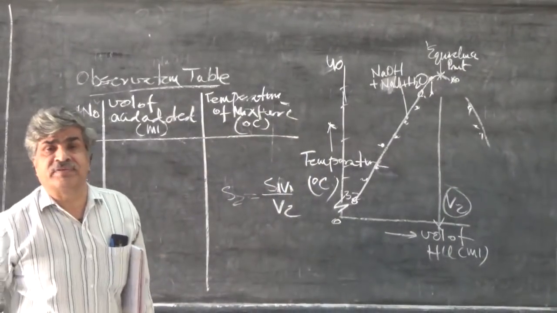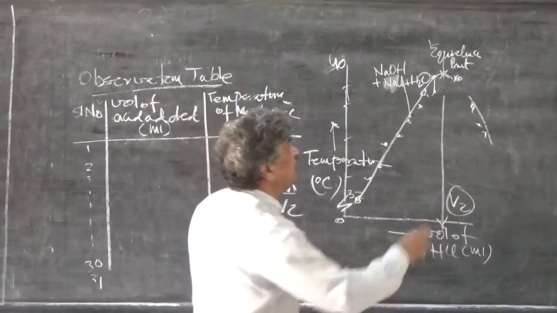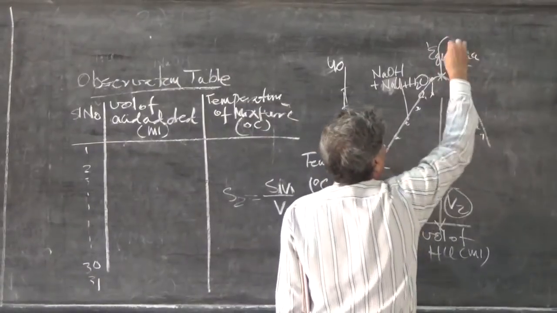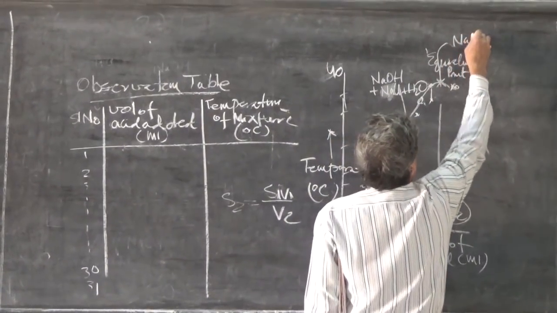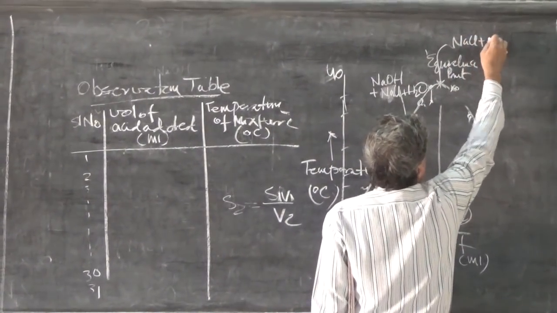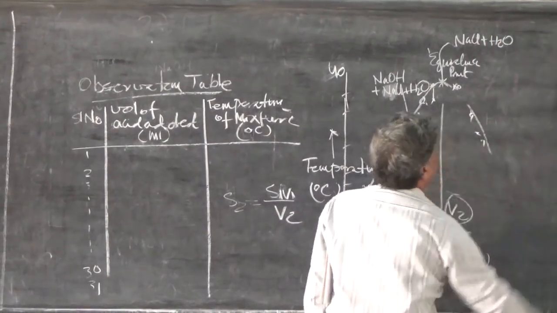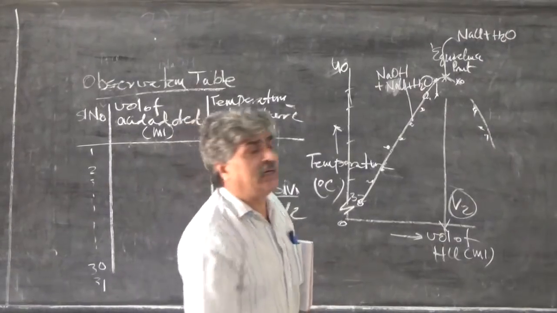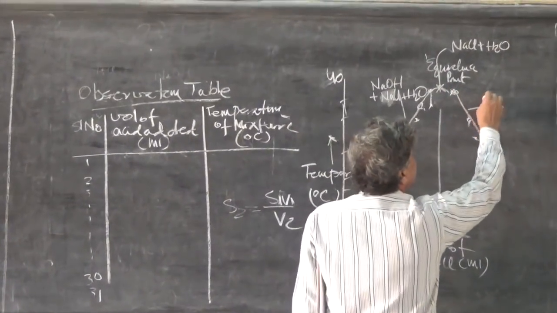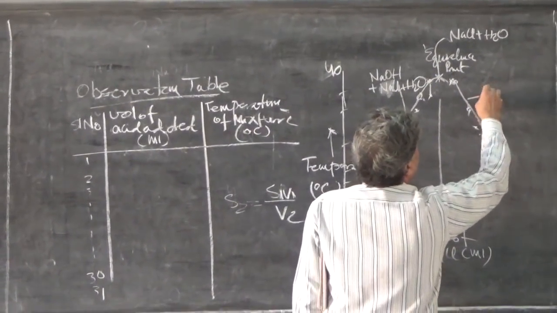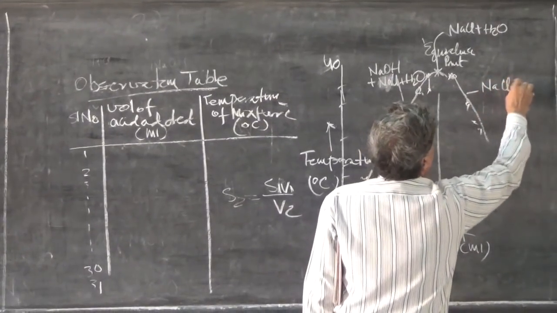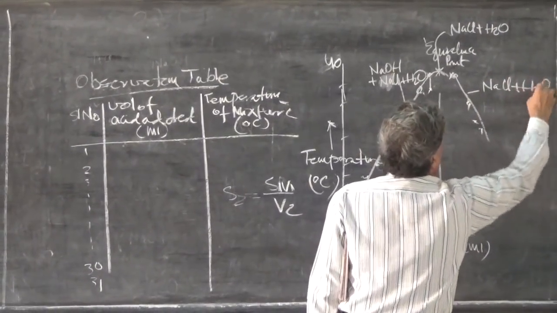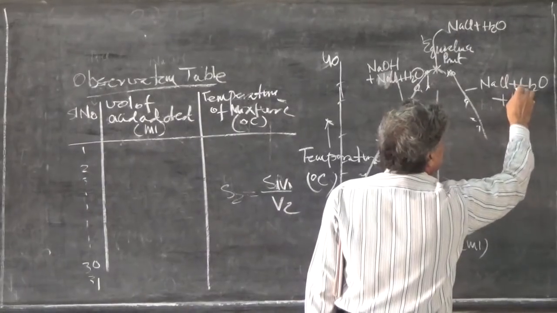At the equivalence point, you will have NaCl plus H2O. On the right side of the equivalence point, you will have NaCl plus H2O plus HCl.